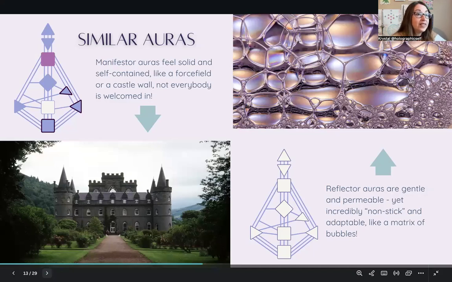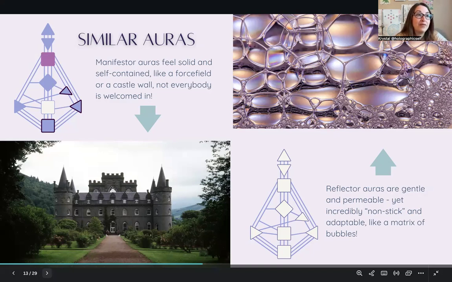Then the other two auras, manifestor auras and reflector auras, it's interesting. I hear a lot of folks talk about them as very, very different, and they are. But in terms of the aura type, manifestors have what is sometimes referred to as a closed aura. I like to visualize this as castle walls. Not everybody is welcomed in.